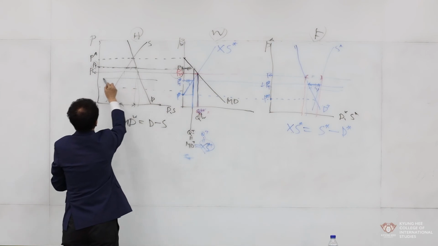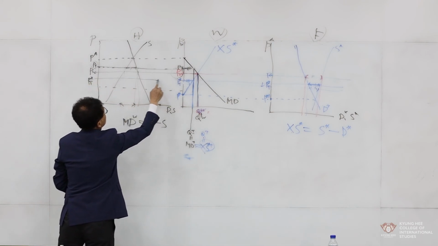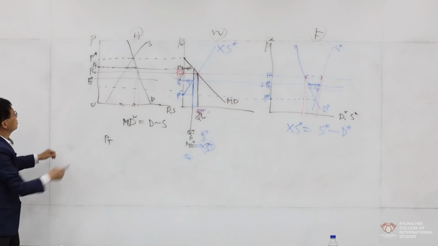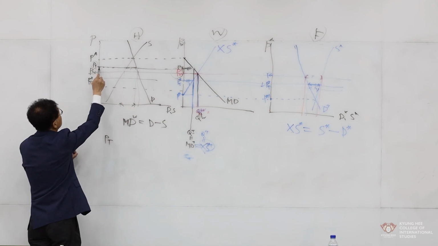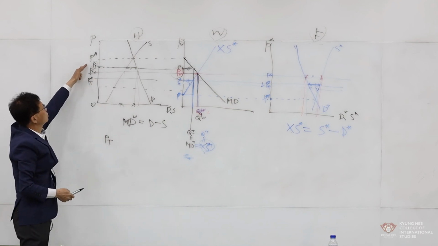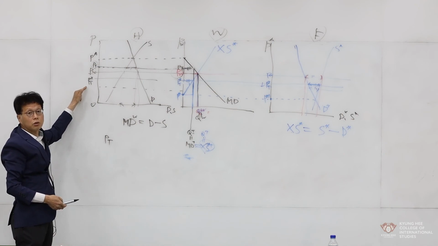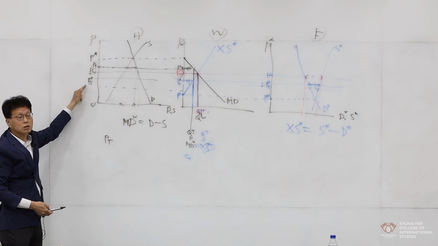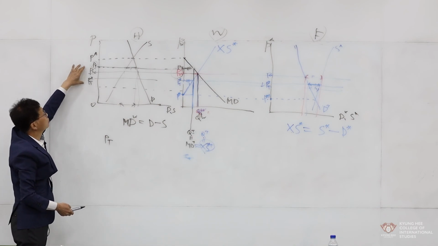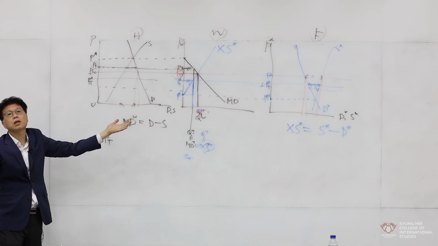That is PT star. Right? Original price was PW. But after imposition of tariff, what happened? Domestic price goes up to PT. And the foreign price, the Australian price, decreases to PT star. Can you understand? The gap between the two is the tariff rate.